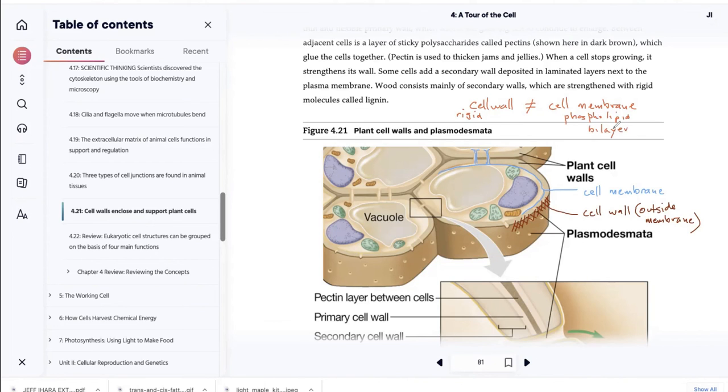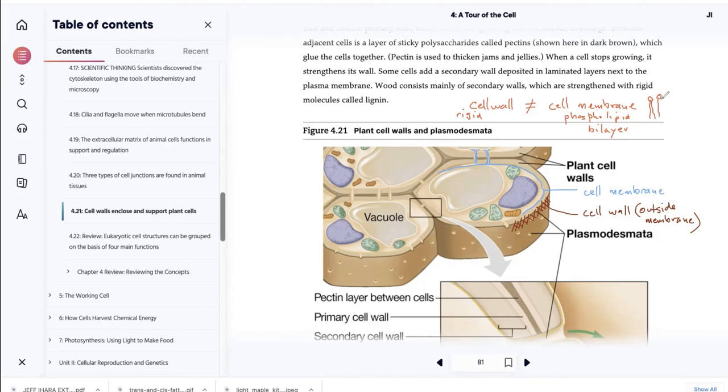Cell membrane is our phospholipid bilayer. Remember what phospholipids are? They're just little molecules that have a phosphate head, a hydrophilic head, and two hydrophobic tails. And that's principally what the cell membrane is. There's nothing holding it fixed in any way to the next phospholipid sitting next to you.